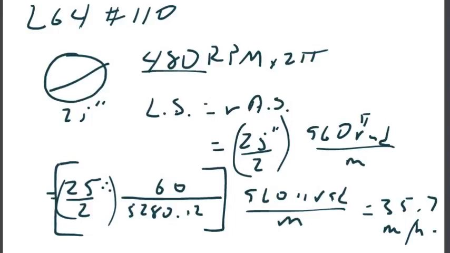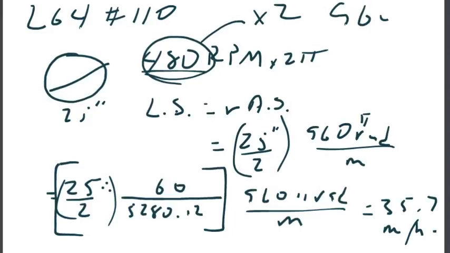Or you can cheat and say that 35.69 is pretty much half of 70. So if you double the linear speed, you've got to double the rotational speed or the angular speed. Since we started out at 480, you multiply that by 2 and you get 960 RPM.